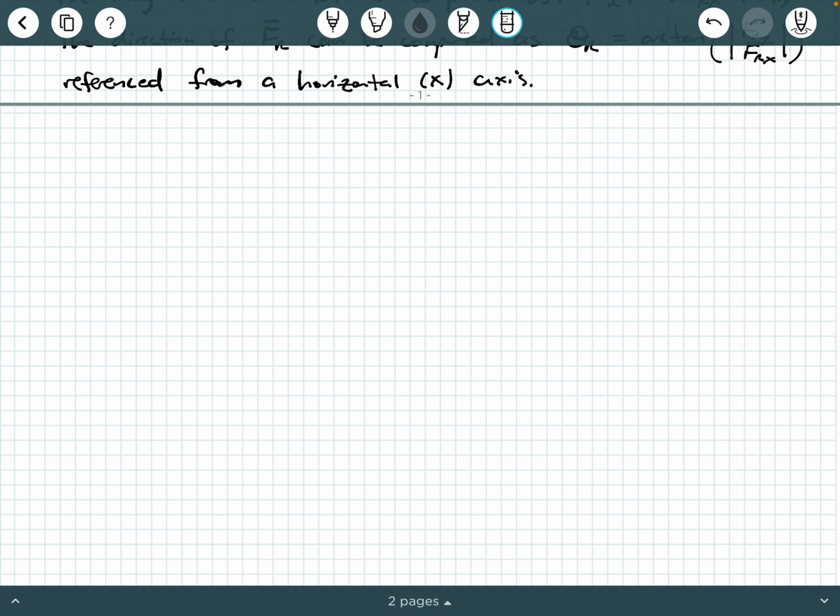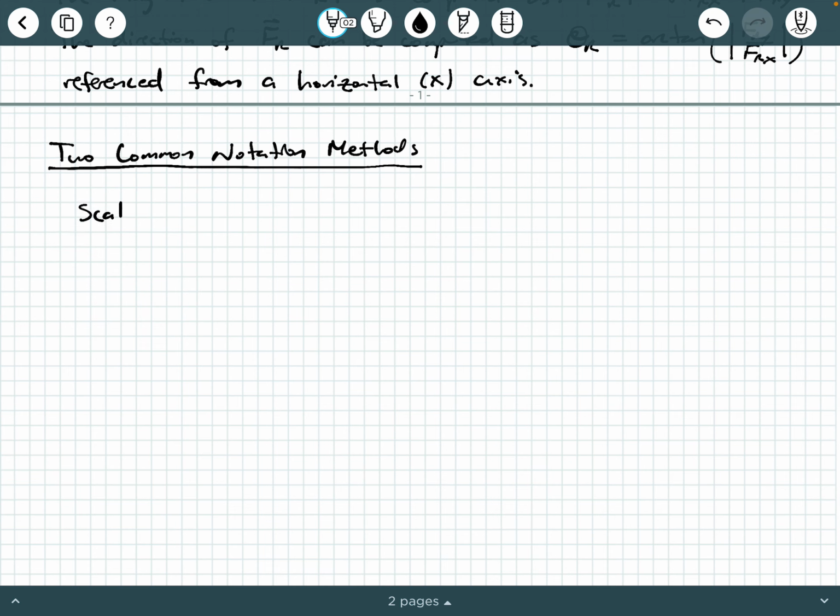When doing this kind of analysis with rectangular components, we have two common notation methods whenever we want to do a rectangular analysis process, okay? The first is called scalar notation, okay? Scalar notation. How does this work?